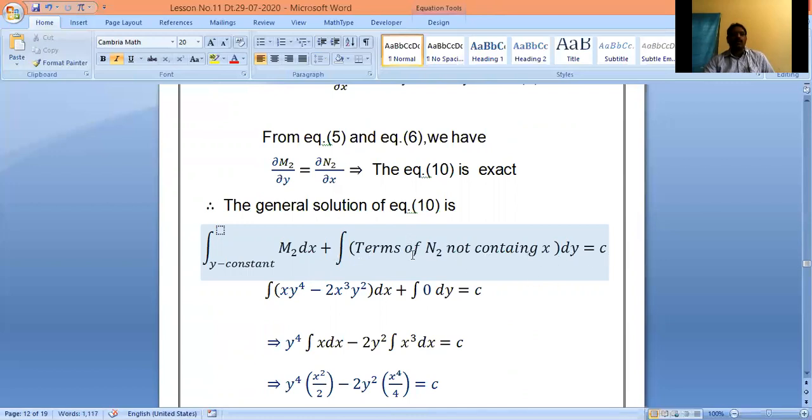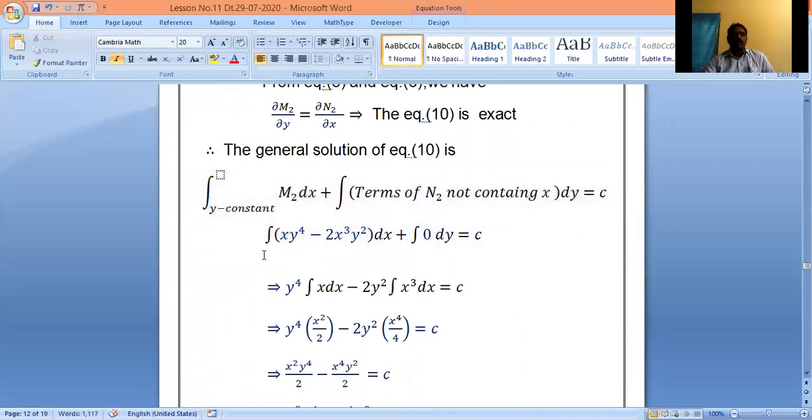Here N2 is free from x. Therefore, integration of x y to the power of 4 minus 2x cube y square into dx, plus here N2 has no term free from x. Therefore, here 0 into dy is equal to c.